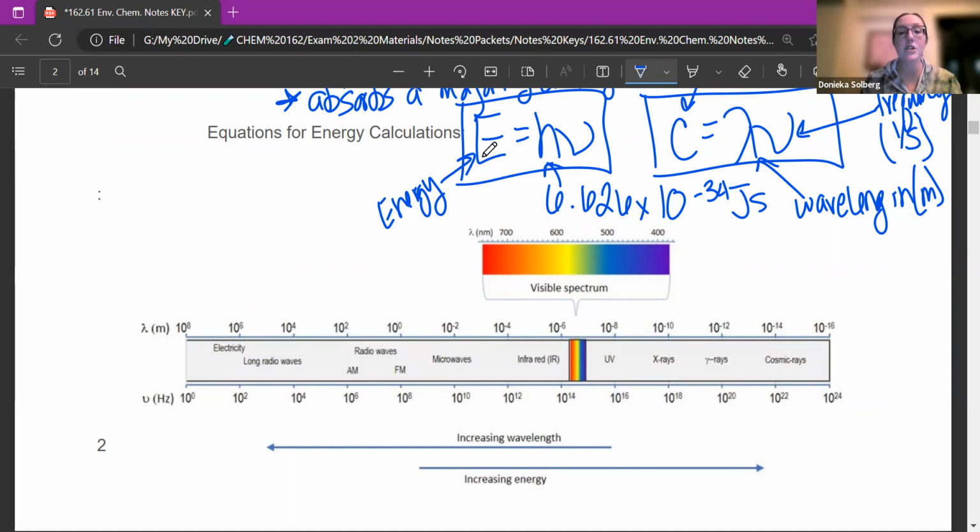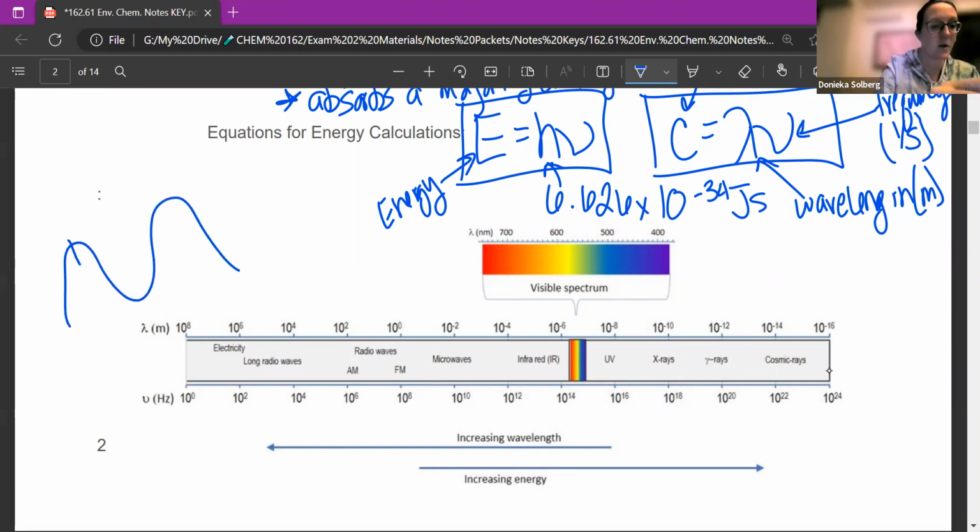And if you look at the equation, energy equals h times nu. Well, energy is actually related to frequency. So I've got wavelengths getting shorter and shorter as frequency gets higher and higher, because technically all of these waves are moving at the same speed. The wavelength is the length between two peaks. So I'm going to draw a couple of waves here.